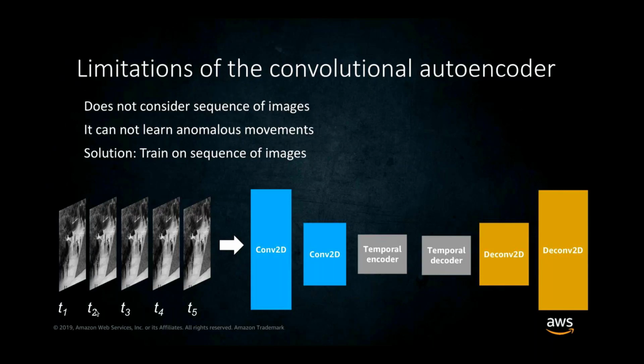You can use here, for instance, convolutional LSTM cells. These are special types of LSTM cells, and they have proven to be effective for video processing. By doing that, your autoencoder can now also learn what is normal in terms of sequences of images, so in terms of movement, whether there is an anomaly or not.